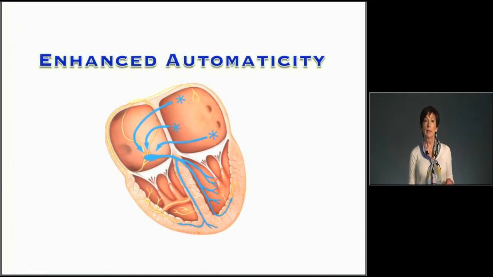So enhanced automaticity is pretty much what the term is describing, and that is that there are sites within the atria that develop the property of automaticity. The only areas in our heart that are supposed to have automaticity are the sinus node, junctional, and ventricles.